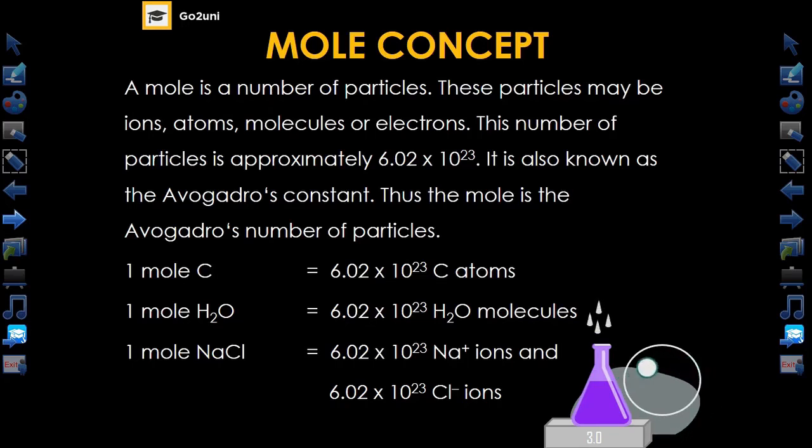So what it simply tells us is that 1 mole of any substance will have 6.02 times 10 to the power of 23 particles inside it.